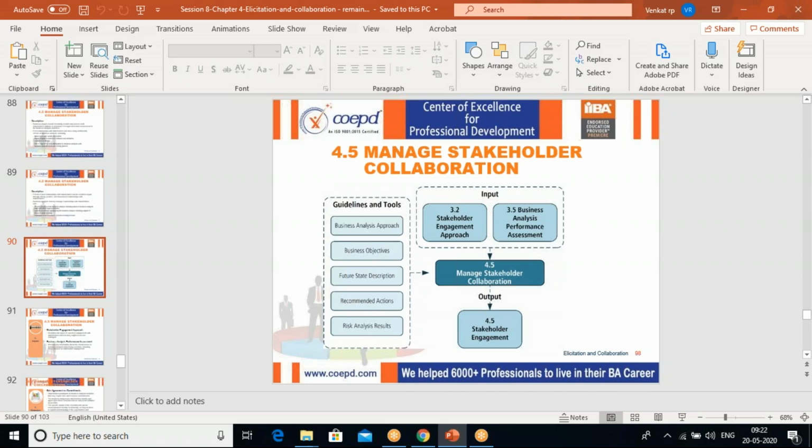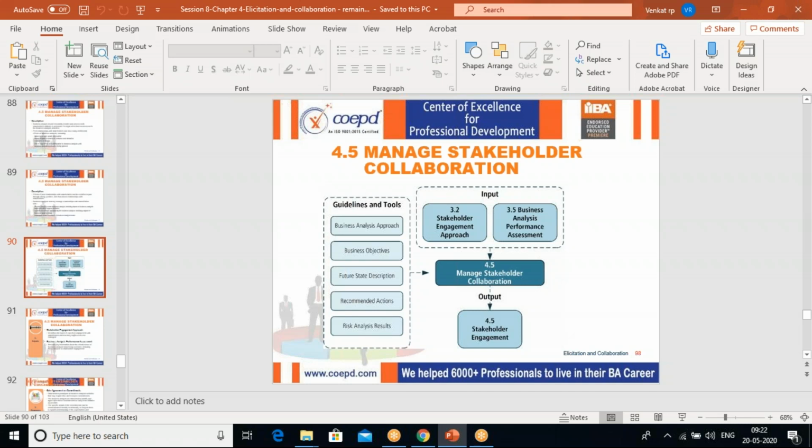Those two items are taken as inputs here, and the output is stakeholder engagement. The guidelines and tools we use here are the business analysis approach, business objectives, future state descriptions, recommended actions, and risk analysis results.